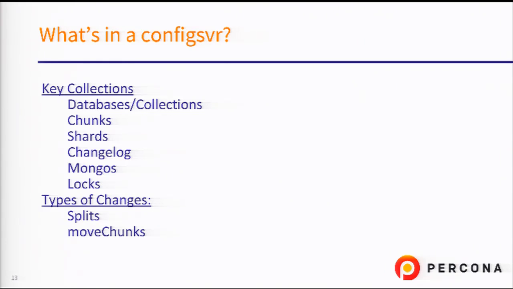I talked already about the config server, but in the changelog, I didn't really go into what changes are recorded. Normally it's just splits and moves. A split is where a Mongo S has received a whole bunch of bytes for a given chunk. It knows that a whole bunch of deletes, inserts or updates have occurred there, so it will trigger a logical request to ask how big this chunk is on the physical data.